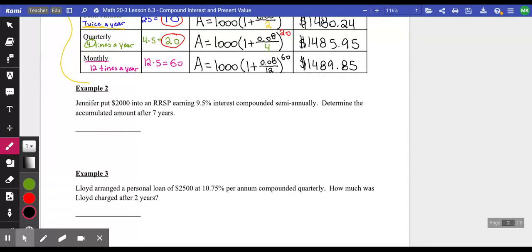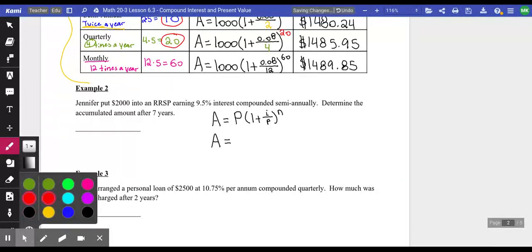So we're looking for the accumulated amount. Our formula for accumulated amount is P times 1 plus I divided by little p, to the power of n. We need to fill in all this information. Big P is your starting amount, which is 2,000. Then I go 1 plus I, your interest rate as a decimal, so that would be 0.095 if I divide it by 100.